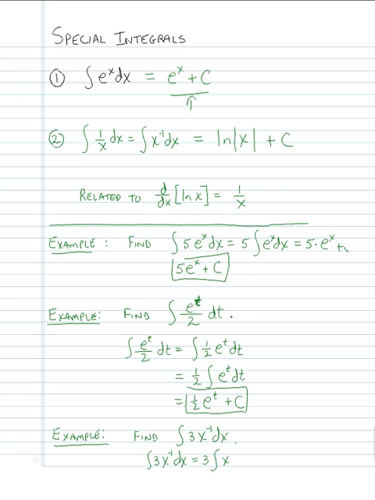And so then it's just the integral of x to the negative 1 with respect to x. Now, we can think of that as 1 over x, or we can say, oh, yes, there's a special rule for this. And so we have our 3 factor in front, and we're multiplying with the result of the integral of x to the negative 1, which is just the natural log of the absolute value of x, isn't it? Plus our constant of integration. And so in this case, our final result, or our answer, would be right here.